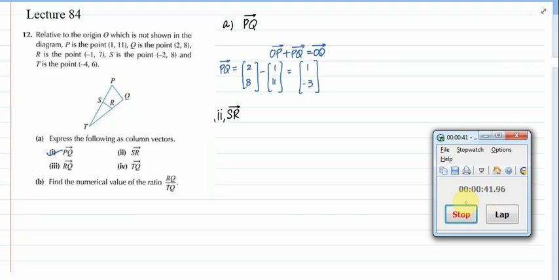Then it will be OS plus SR is equal to OR. You have the vectors OS and OR, so you can find the vector SR.